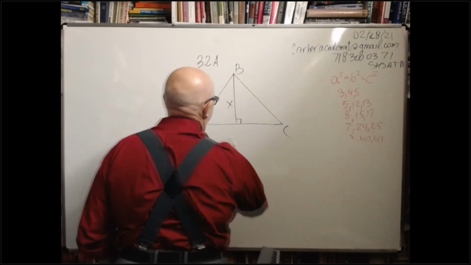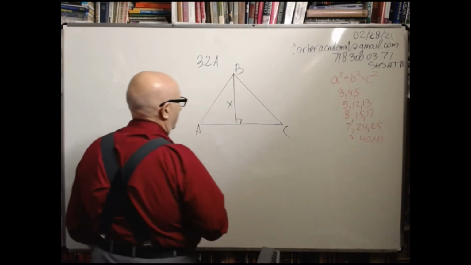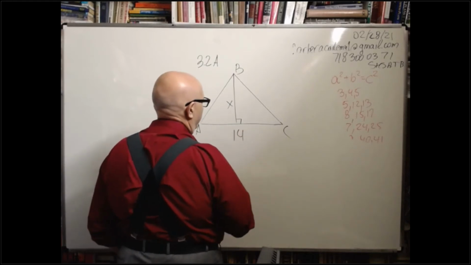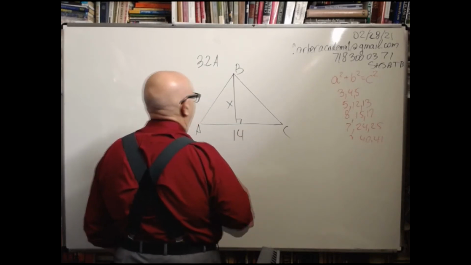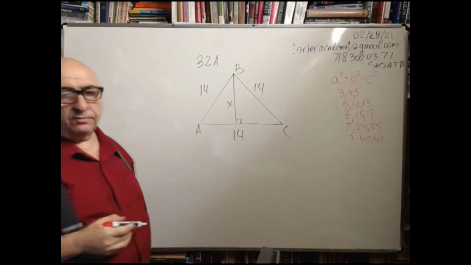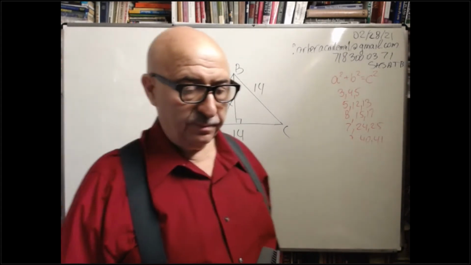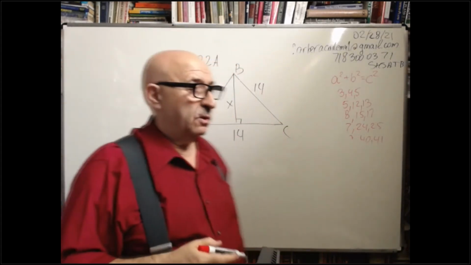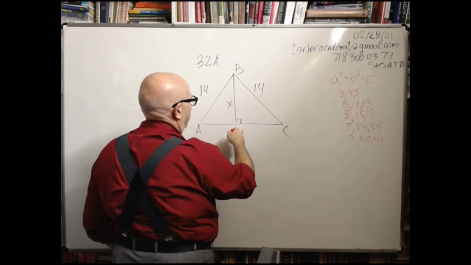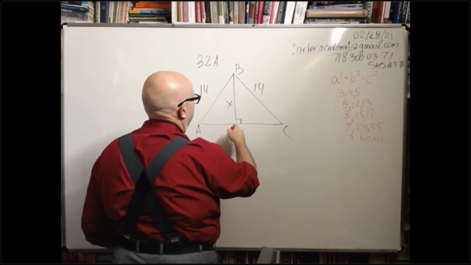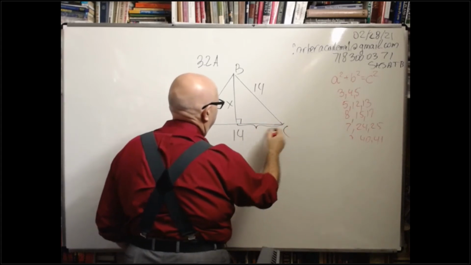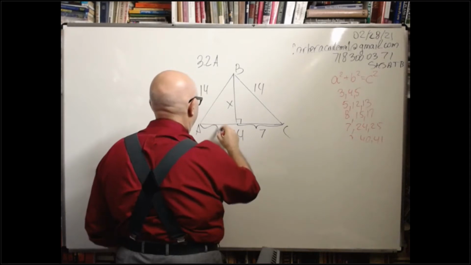Okay, pretend this side is 14 inches, let's say. And you know in equilateral triangles all sides are the same. Agree? This is the definition of an equilateral triangle. Next, you know this is a symmetrical picture. The altitude in an equilateral triangle is also the median and bisector. It means it splits this side into 2 equal parts. So this piece is half of 14, which is 7, and this side is 7.